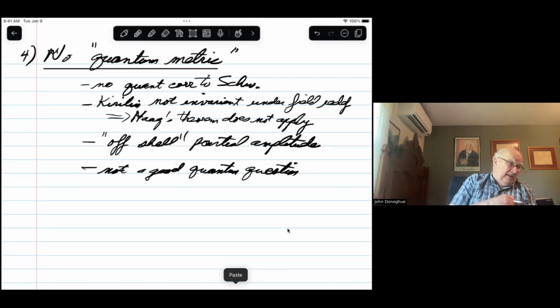It's technically challenging and not answered yet. There's some way to address the corrections, but it's not going to be given by just a change in the metric.